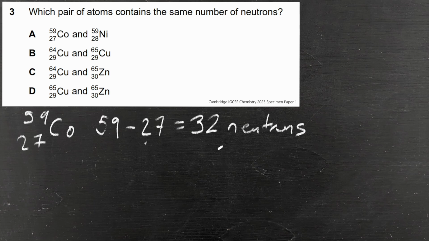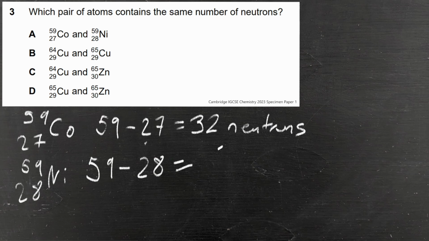For the case of the nickel there, again, it's 59Ni28. So we're going to do 59 minus 28. And this time, there's only 31 neutrons. So we know that this is not the right answer.